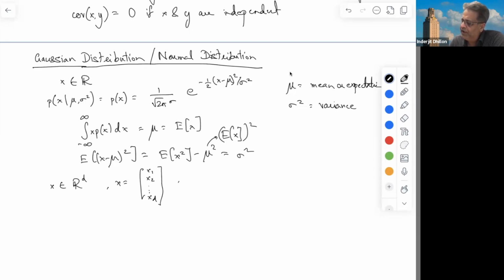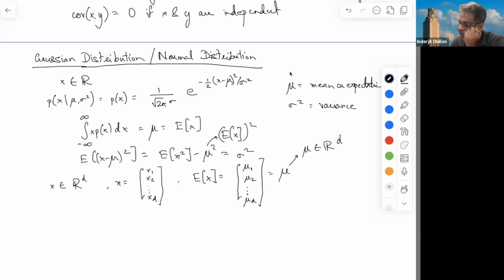I think you should be able to clearly see that if I take expectation of x, that's going to be expectation of x1, which we denote by mu1, expectation of x2, which we denote by mu2, and expectation of xd, which we denote by mu d. And this we'll call mu. So remember, mu is a vector. Mu belongs to R^d.